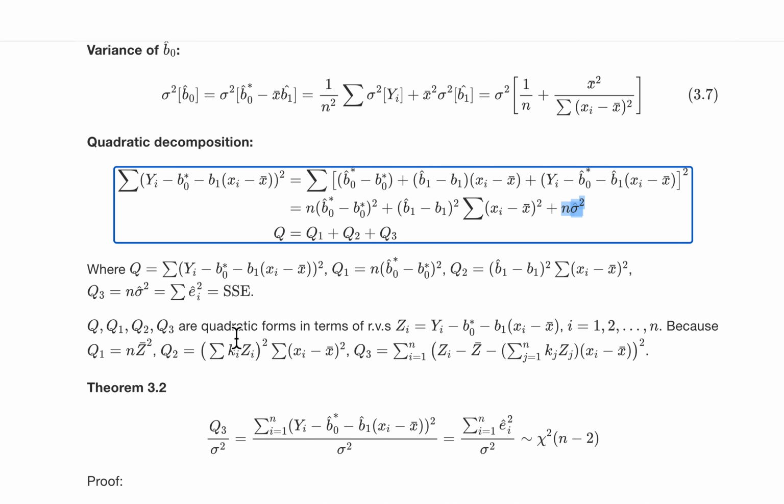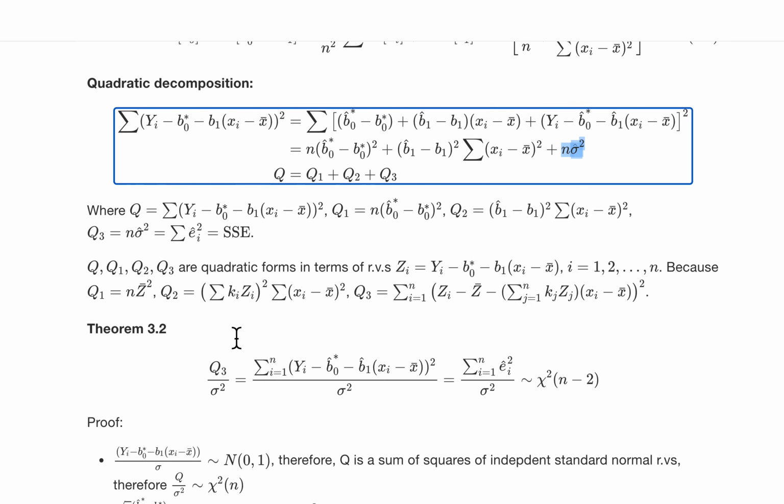What is a quadratic form? We introduced a theorem called the quadratic form theorem in the previous videos. You can always pause the video and go back and check that video, because you're going to need some of those theorems there.